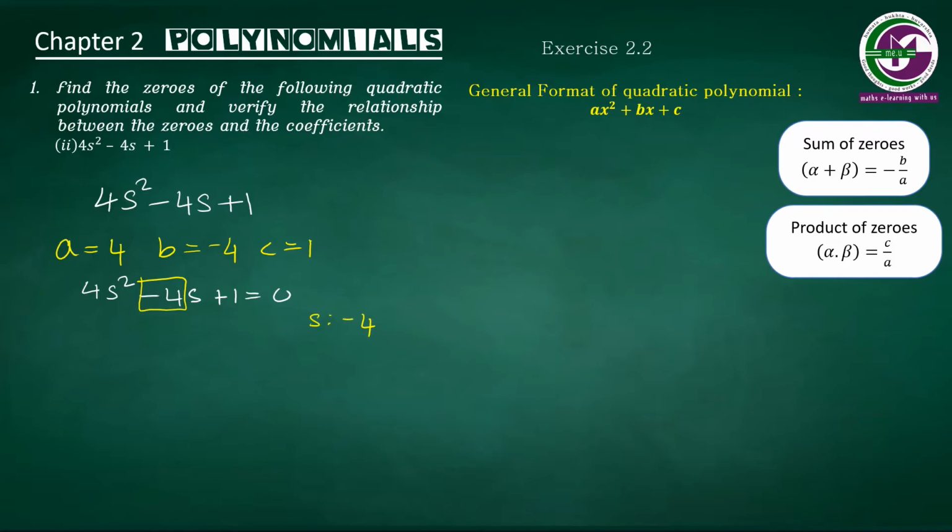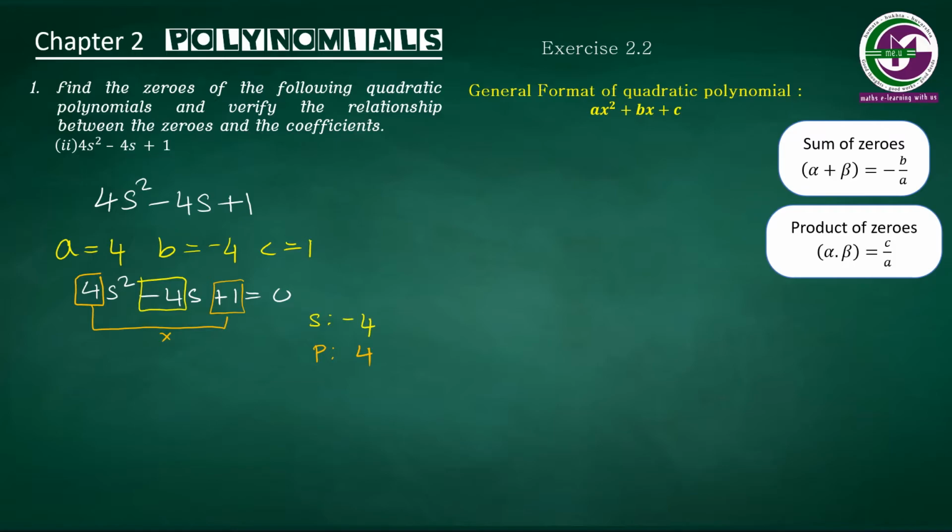And to find the product, we'll take the value a and c and multiply them. 4 times 1, so the product is 4. So we need to find two numbers such that the product is 4. The product is a positive number, so there are two possibilities: either both the numbers are positive or both the numbers are negative.